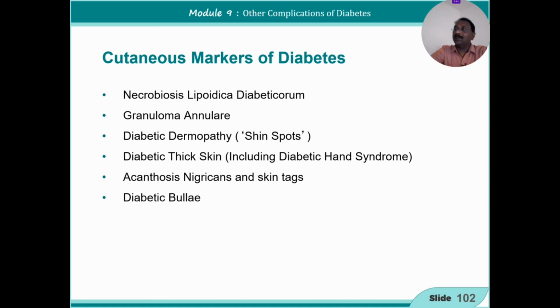Bullae we often see in some of our patients. Thick skin is also possible. Shin spots are very common. Necrobiosis lipoidica diabeticorum and granuloma annulare occur in some cases.